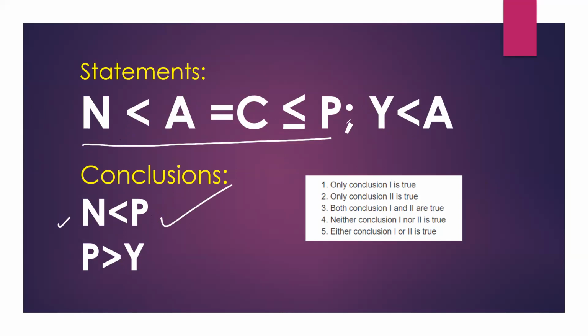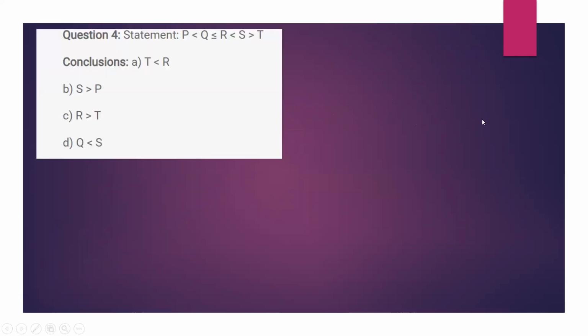So we'll try to make them related. Suppose we can put A and Y here, equal to C and P. Now you see, is P greater than Y? Yes. So both statements are true here, right? So we have to combine the given statements and then do it.